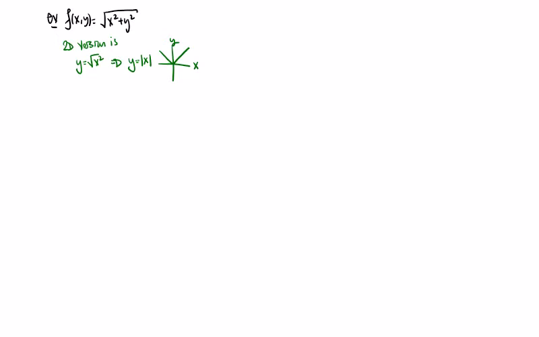So when we bump this up into 3D, our f of xy turns out to be the three-dimensional version of this as a cone. So this cone opens up at a 45-degree angle. I tend to draw these things too narrow.